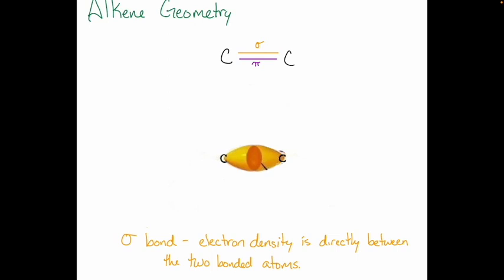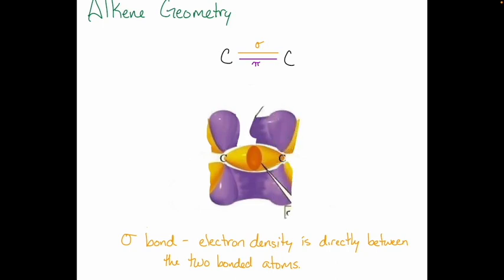A pi bond is also a sharing of electrons, all right, but the shape of a pi bond is really weird. It turns out that each carbon has this pair of electrons that's being shared above and below the plane of that atom. So in orange is a normal old sigma bond, where that electron density exists directly between those two atoms.